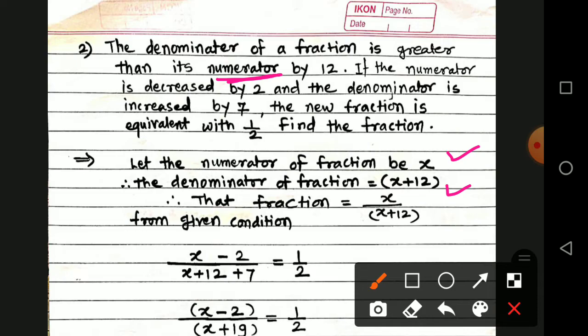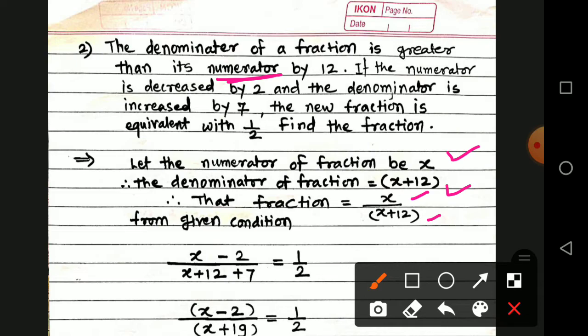Now we have prepared the numerator and denominator separately. Then write down the fraction. That fraction is equal to the numerator written in the numerator's place and the denominator written in the denominator's place. Therefore, that fraction is equal to x upon x plus 12. Now, what condition is given in the next sentence?